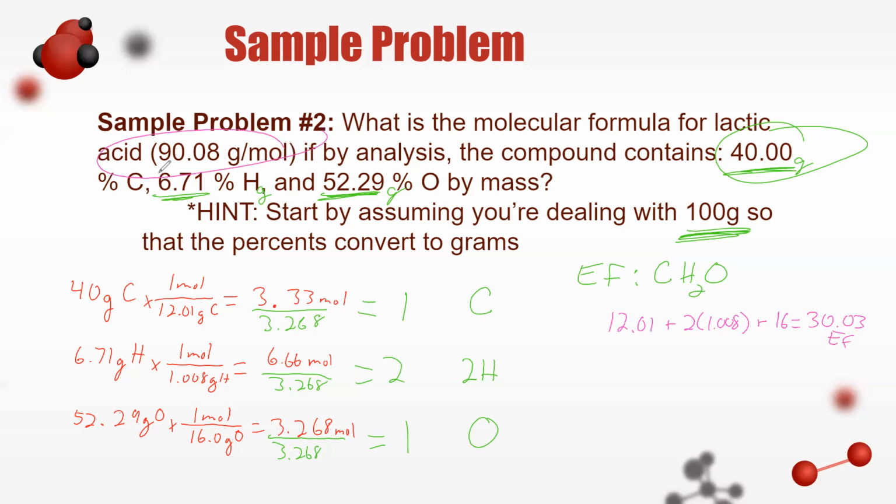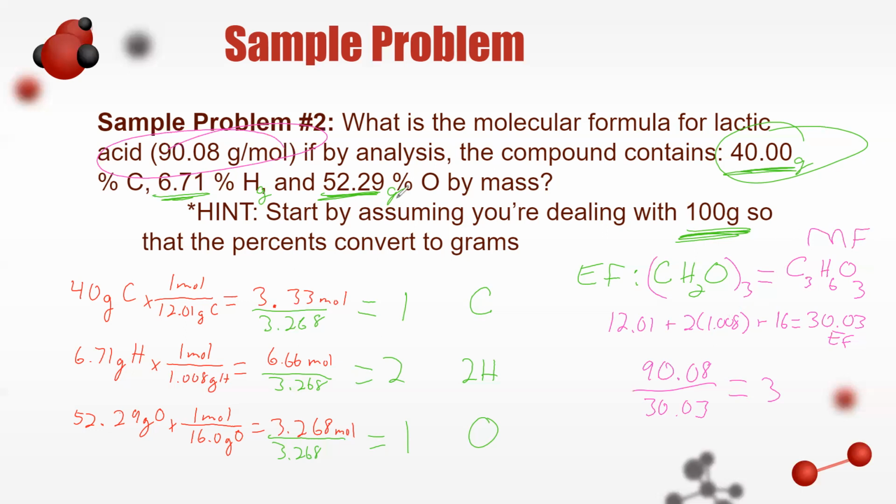I'm given the molar mass of my molecular formula, 90.08. And if I divide that by 30.03, I'm going to get about 3, which means that I can multiply this empirical formula by 3 to get C3H6O3 as my molecular formula.